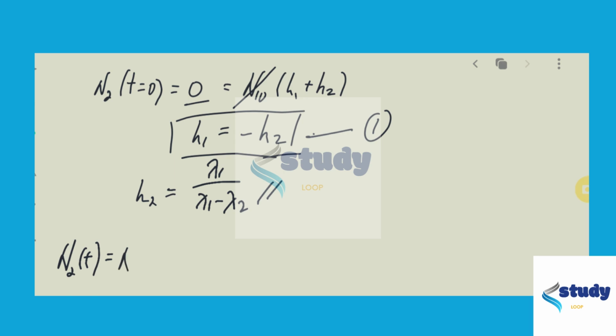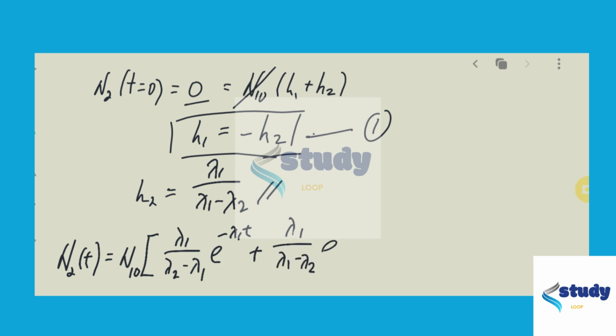n2 of t is n1 naught times h1 plus h2. Okay, and that should be the final equation.